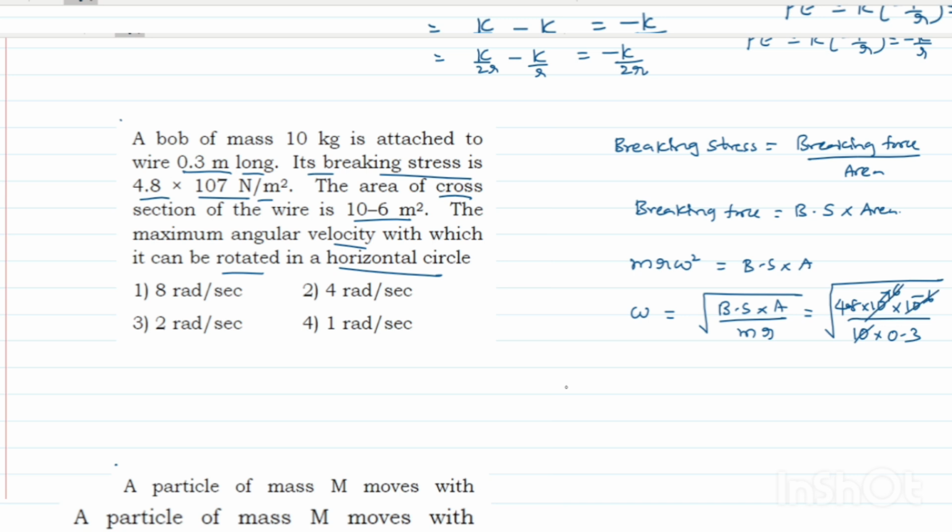So 4.8 by 0.3, removing the decimal, 3 goes 16 times. So omega equals root over 16, which is 4 radian per second. So 4 radian per second is the correct answer.